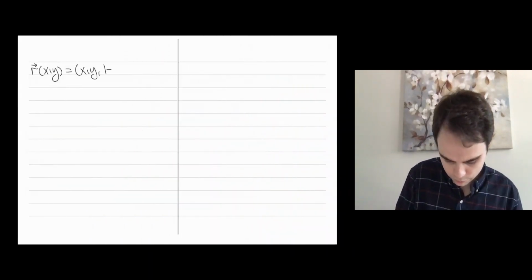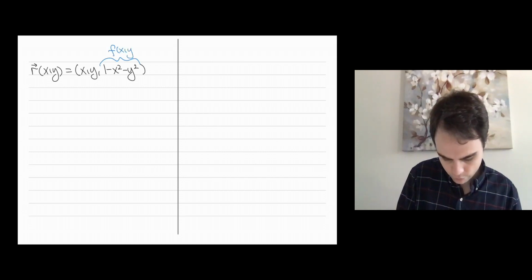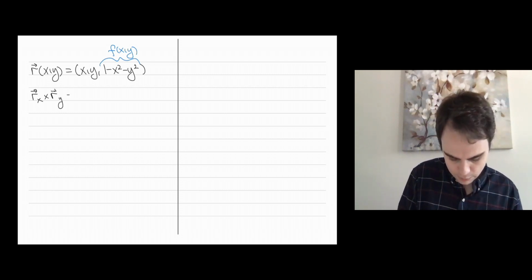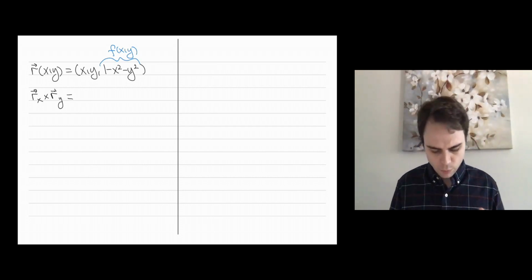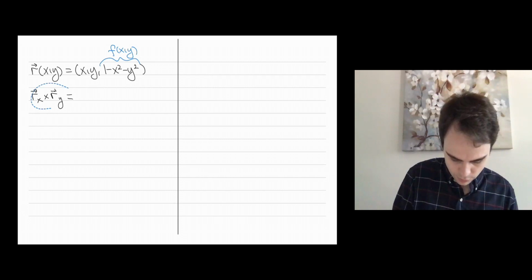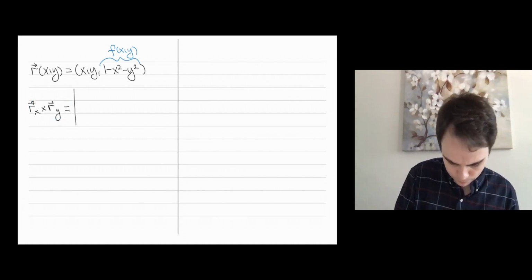That's our function. And then we have to do the cross product of these partials. That's important for the calculation. We've done this a couple of times, but let me just do it, so I don't stretch your memory.